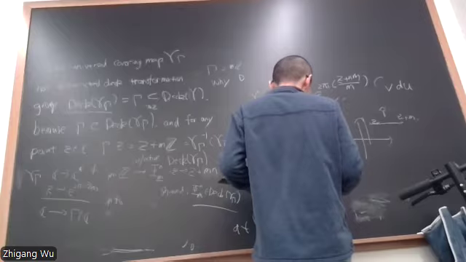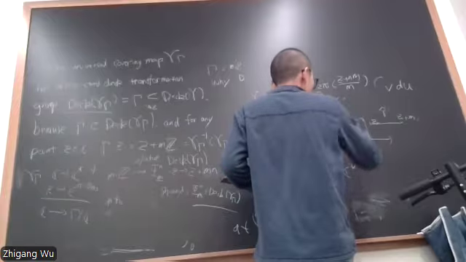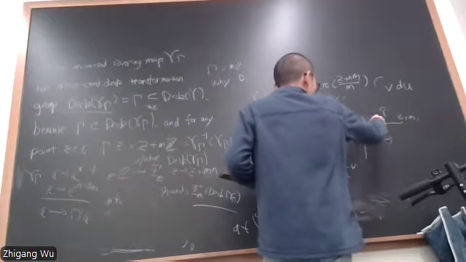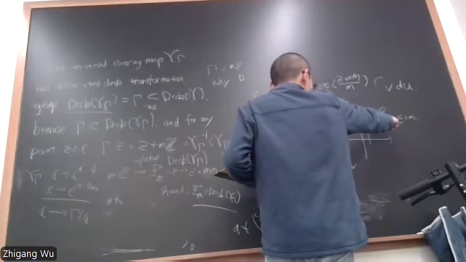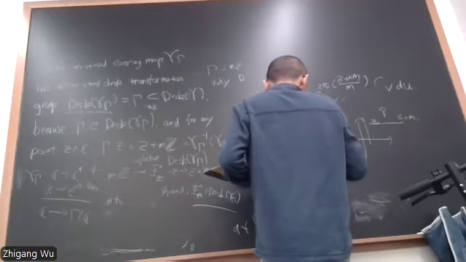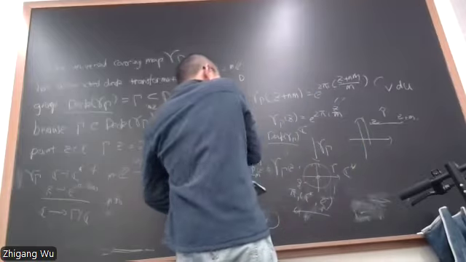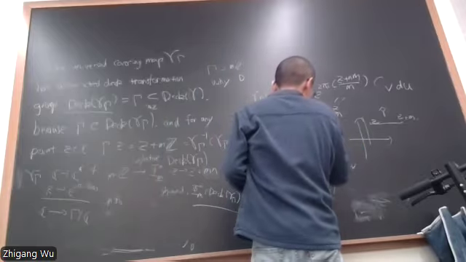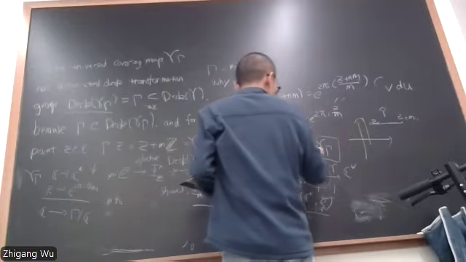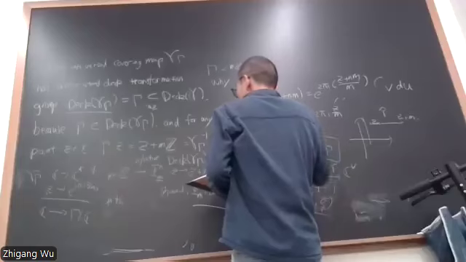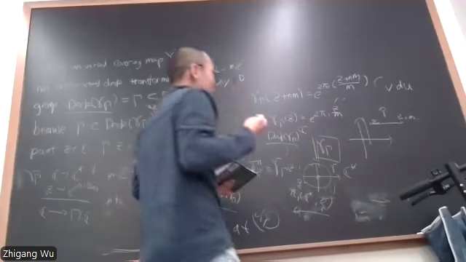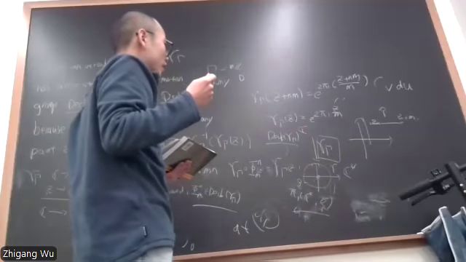Which is what? Which is exactly the projection, right? The projection of this path into here, because under this map, if you replace d naught by d naught plus n, that will give you the same thing.